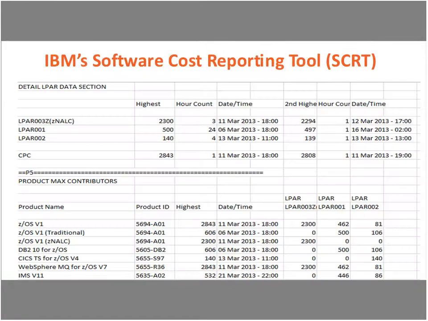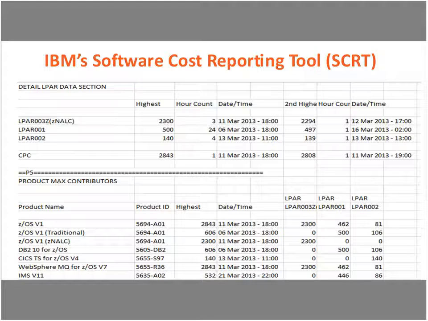Within Cost Analyzer, we start with a report that many of you are probably familiar with, IBM's SCRT report. It's a little bit like your electric bill. For your electric bill, the number of kilowatt hours is recorded by the electric company, and then they send you a bill.